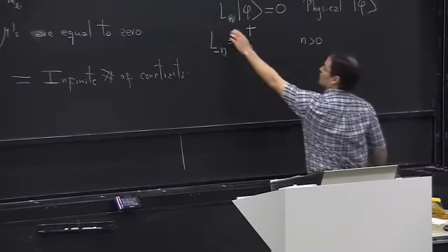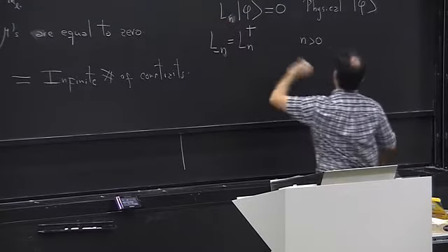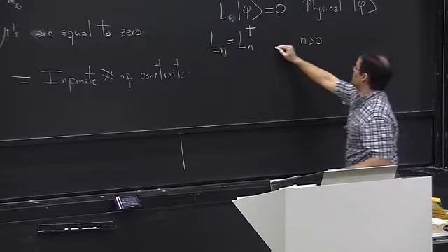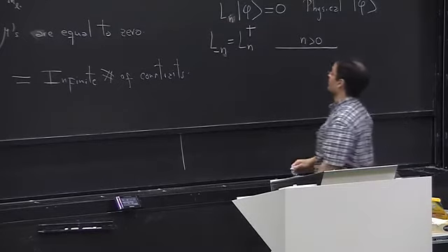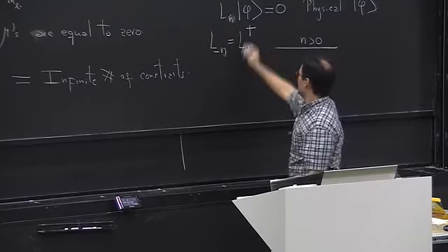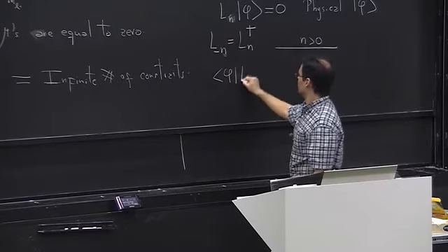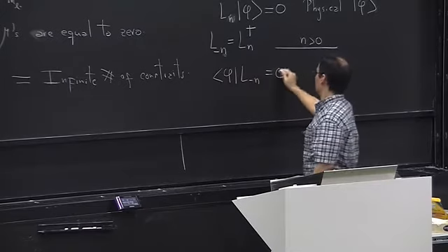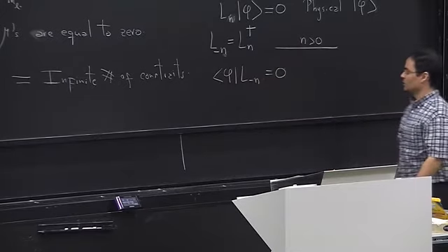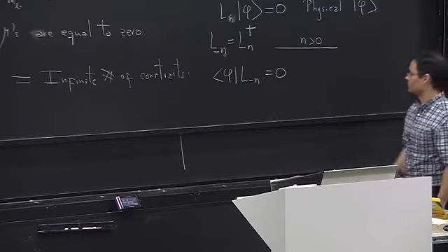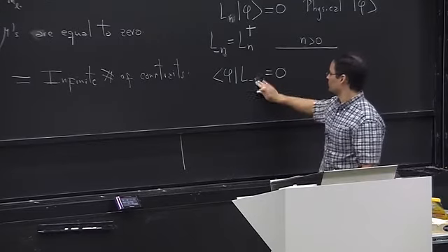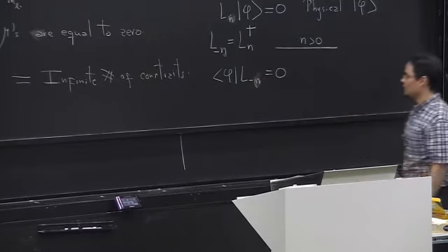So we should only impose that this is equal to 0 for n positive, right? And now this condition will translate into this condition for the negative ones.